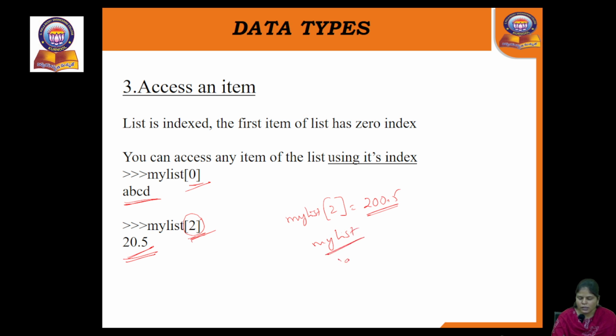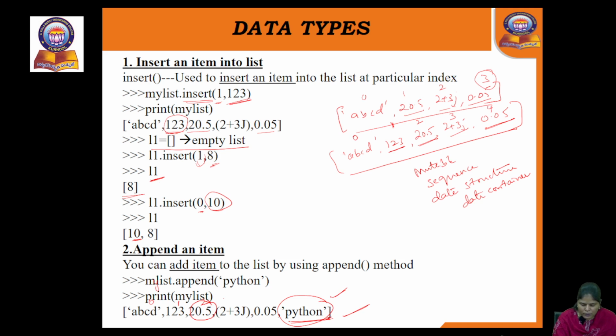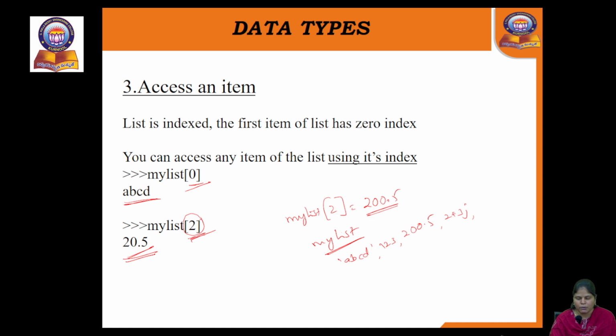So at the 0th index ABCD, and then 1 2 3, and then at the second index, instead of 20.5, it gives 200.5, and then 2 plus 3j, and then it prints whatever values I have. So here at the second index, 20.5 is replaced with 200.5. So the value at a specific index within a list can be changed.